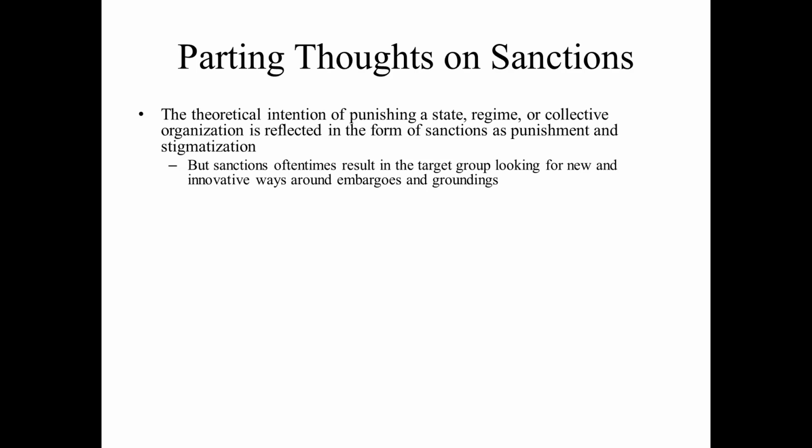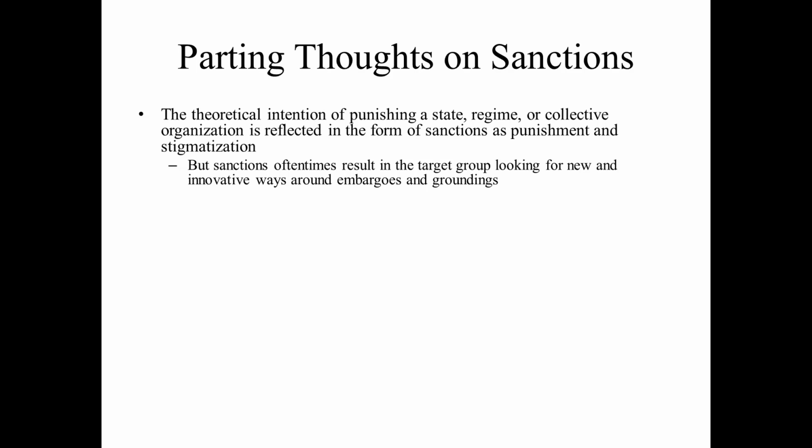But as we've also noted, sanctions oftentimes result in the target group looking for new and innovative ways around embargoes and blockades. The regime in charge has much more flexibility at its disposal than the ordinary people, who oftentimes risk economic disenfranchisement, political disillusionment, institutional stigmatization, and effectively just being a lost generation.